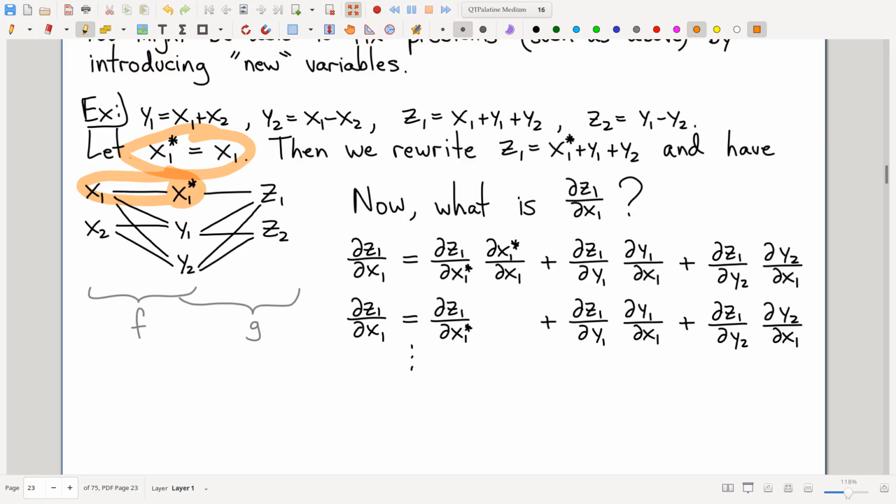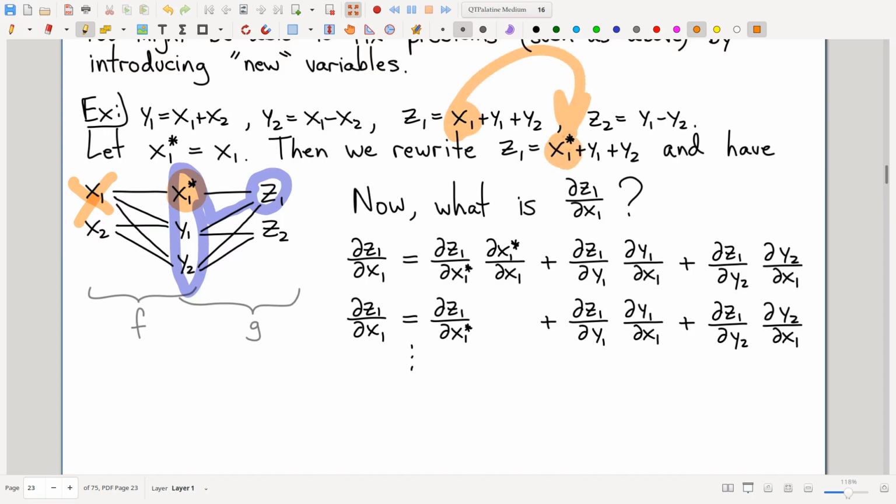Now, respecting the fact that Z1 is no longer allowed to be a function of those variables. That's not how a composition works, right? Z1 has to be a function only of the things that came before it. I'm going to reconceive of Z1 as being a function of these, one of the inputs for which is no longer x1, now it's x1 star.